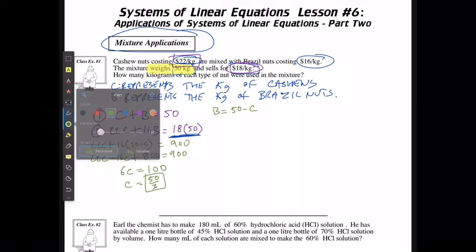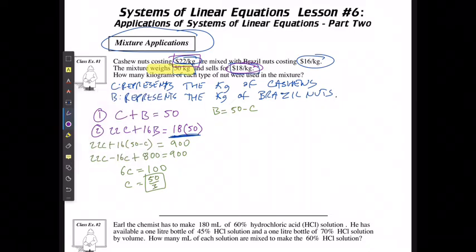If C is equal to 50 over 3, put that back into this equation, and B is going to equal 150 over 3 minus 50 over 3, which means that B is going to equal 100 over 3.